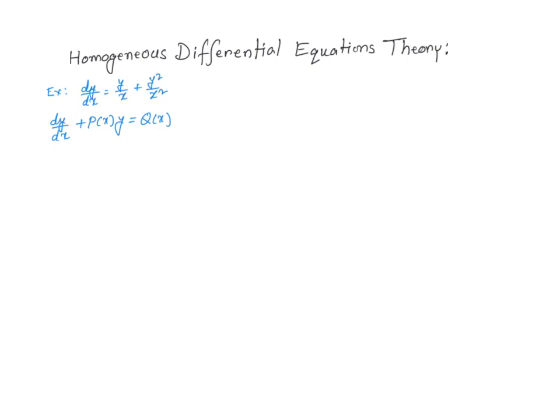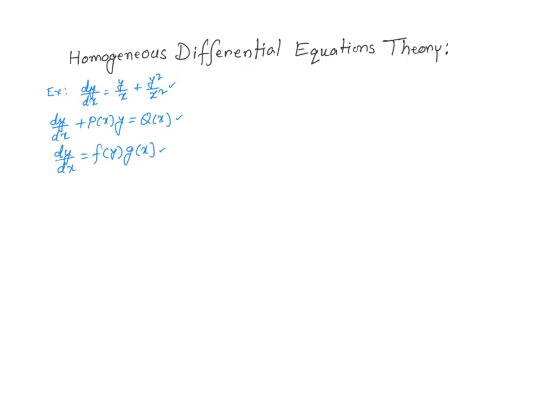I can't express this in this format, nor can I express it in this format: dy over dx is equal to, let's say, f of y times g of x. So at least I don't know of a way to convert this into either of these formats. So how do we go about solving this type of differential equation?